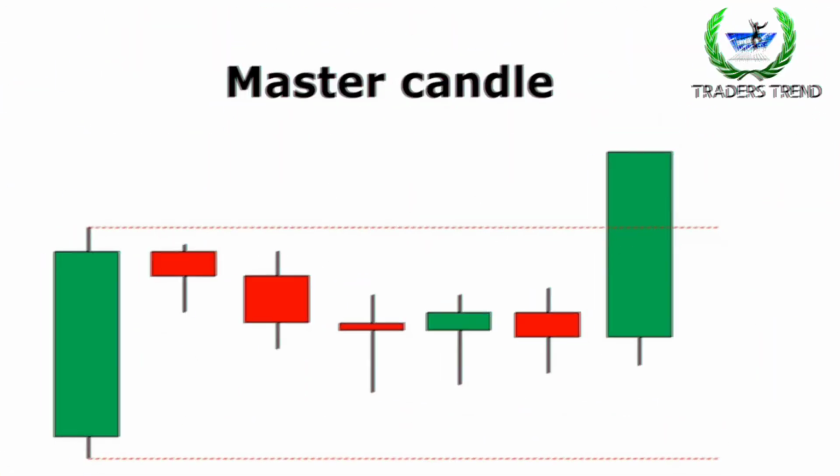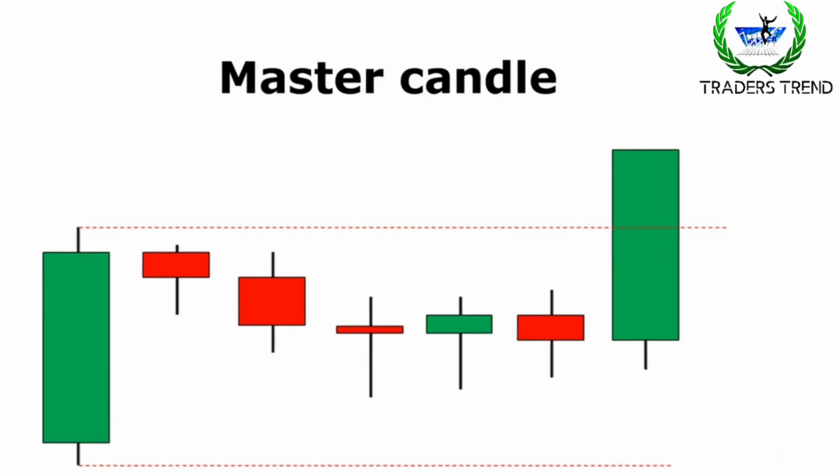And the next one is the master candle. The master candle is a very big candle. The first candle is very big, and then there are 5 small candles between that big candle and another big candle, which crosses the high, the upper shadow, of the first green candle. This is called a master candle.